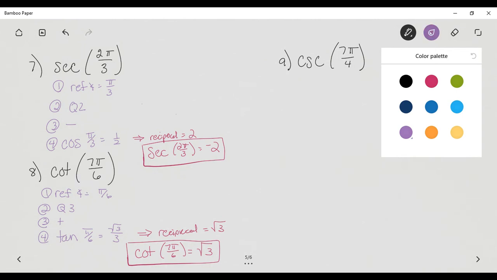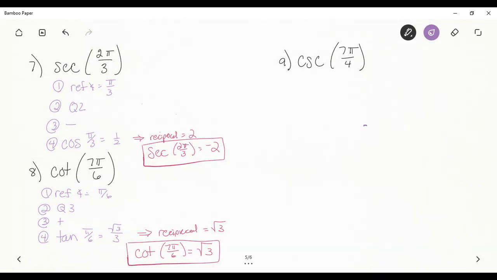Let's try one more. Cosecant. Cosecant of 7 pi over 4, our reference angle is going to be pi over 4. And 7 pi over 4 is in quadrant 4. Cosecant has the same sign as sine, and that is negative in quadrant 4.